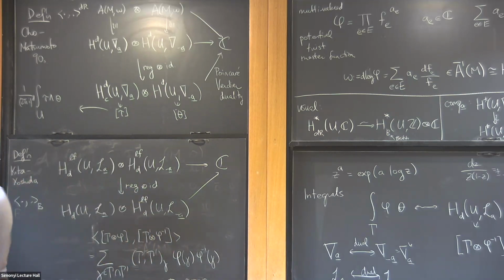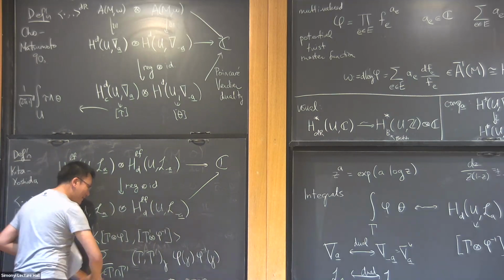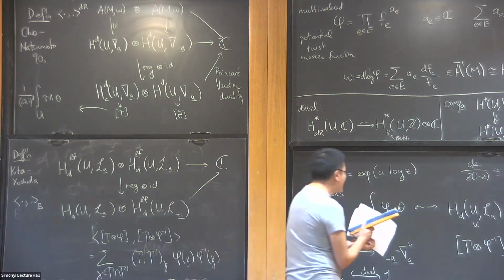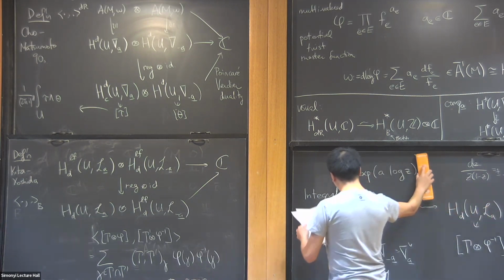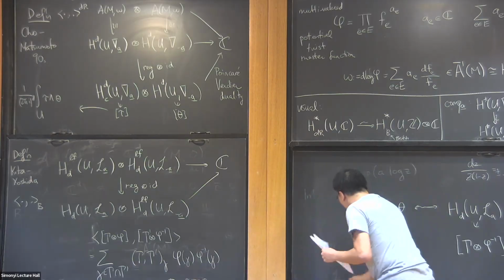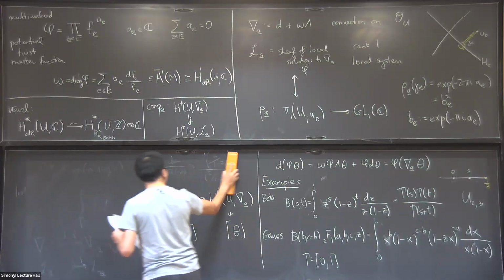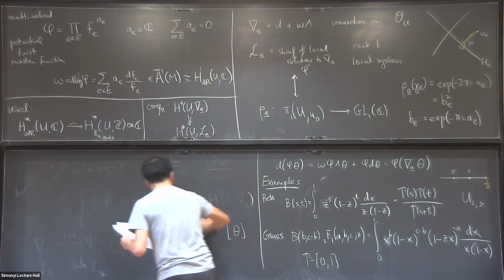I think so. Before I stop, I want to tell you what the answer is in maybe this case, and also very quickly state the theorem, which I talked about in the second half.